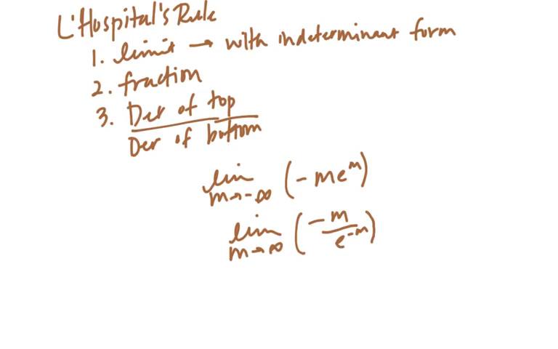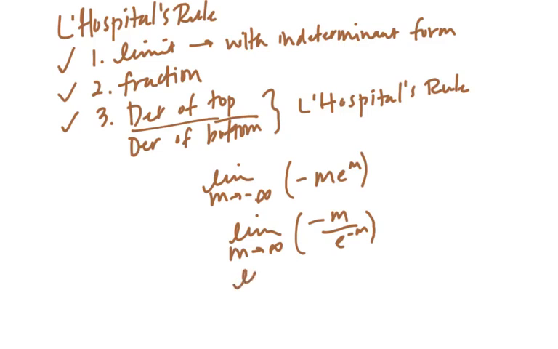So now we have a limit. Now we have a fraction. L'Hopital's rule says to take the derivative of the top and the bottom separately. This is actually the rule. So we're going to say the limit, and usually we say out here that we use L'Hopital's rule. So the limit as m approaches infinity.